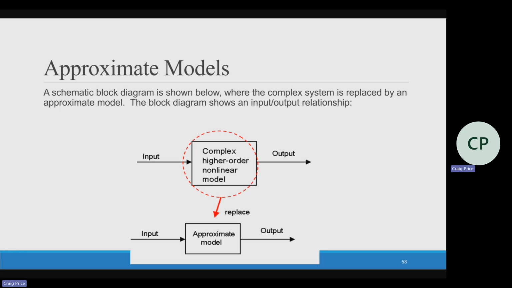So even if the real thing is high order, nonlinear, I get an output. If that output looks like this, we can create an approximate 2nd order model that's going to do a lot of the same stuff. And that can be helpful for creating a quick approximation and running some quick tests.